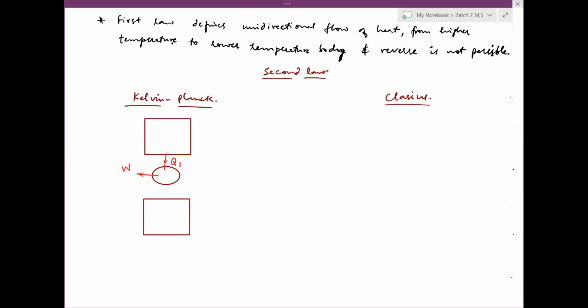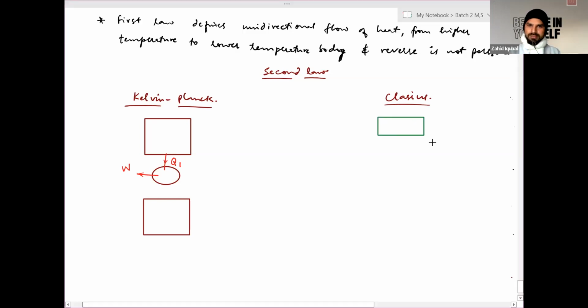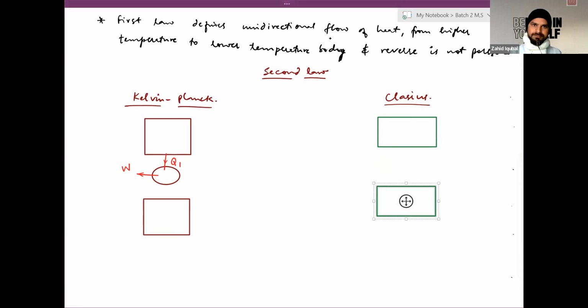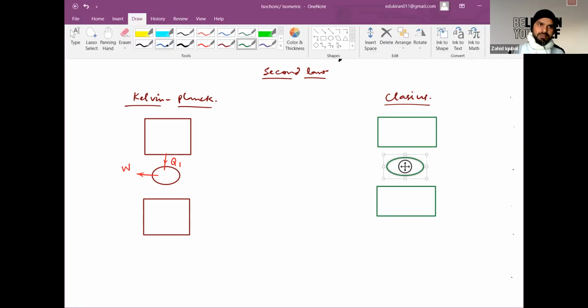The next part is Clausius statement. Let's say this is a higher temperature body and this is a lower temperature body, with a working tool in between.